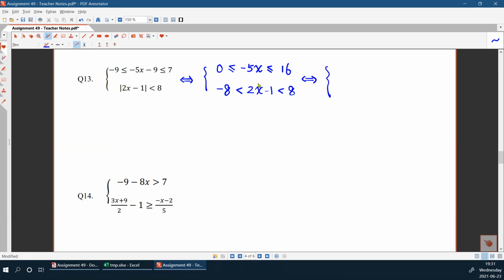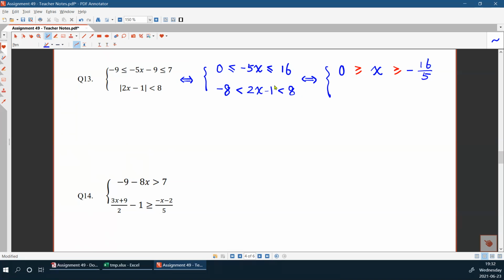Minus 5 is negative, so we need to change the direction of the inequality symbol, right? Okay, so 0 over minus 5 is still 0. And here is x. 16 over minus 5 is minus 16 over 5.